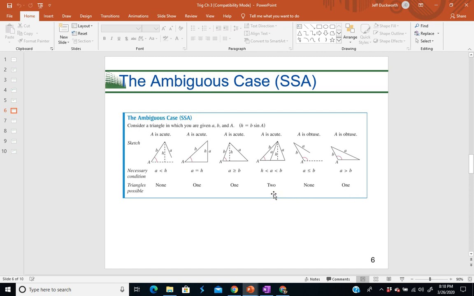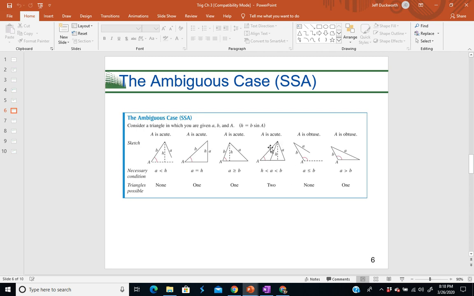The one that will produce two is if our height, so essentially you have either an acute triangle that goes around like this, or you would have an obtuse triangle that goes like this, both of which would satisfy this sort of dynamic where our height is strictly less than a, and a is strictly less than b.